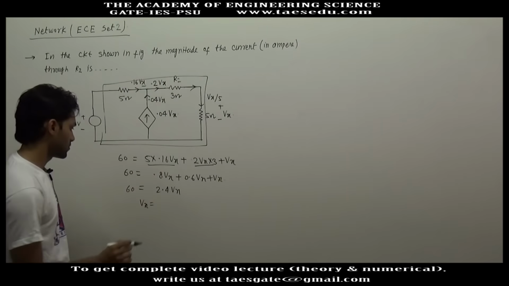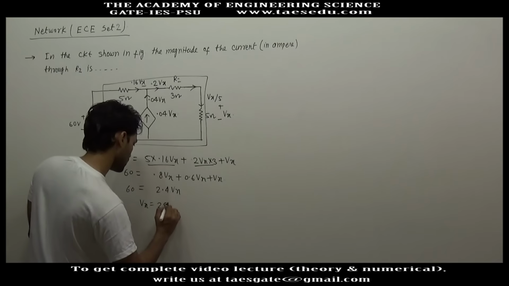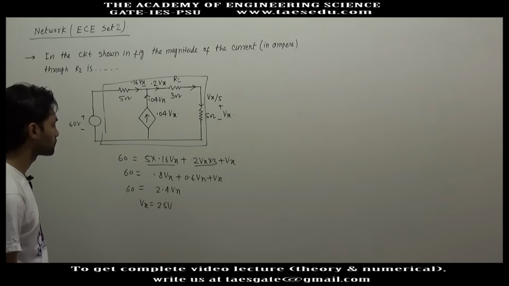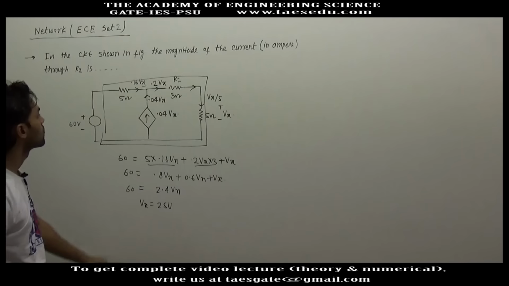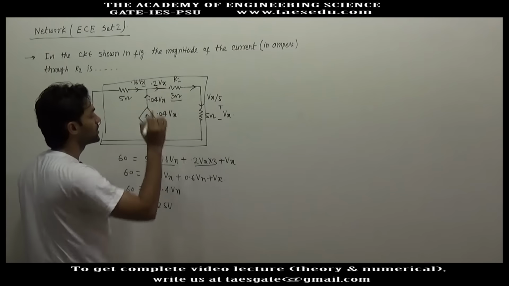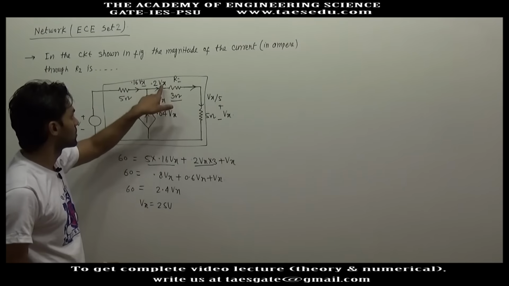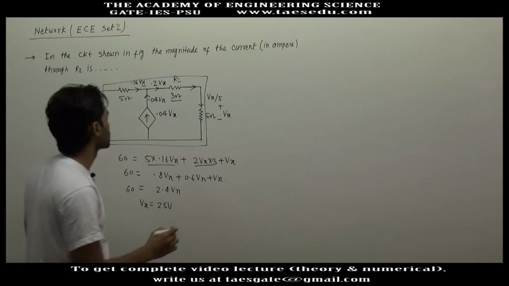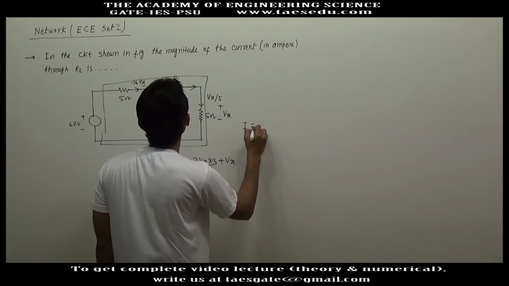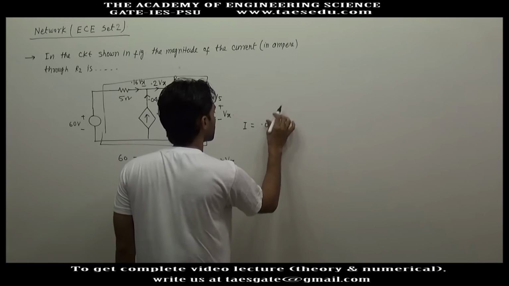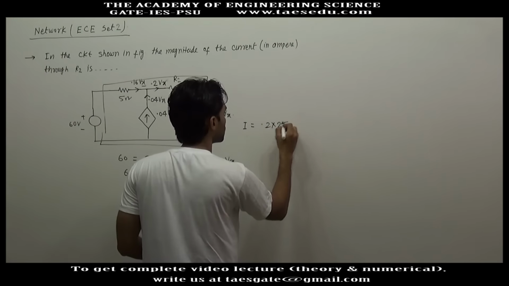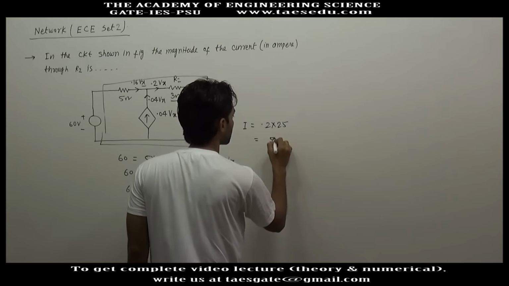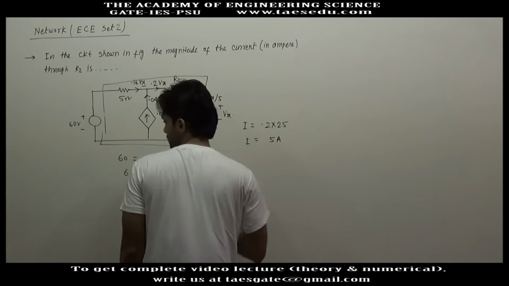Okay, so from here Vx will be 25 volt. If Vx is 25 volt, we are required to find the current through the 3 ohm resistance. The current through the 3 ohm resistance is 0.2 Vx. So the answer current will be 0.2 into 25 volt, which is 5 ampere.